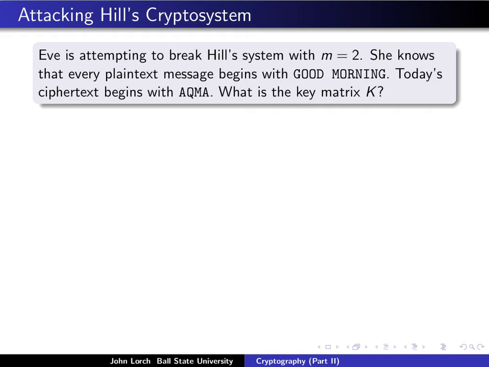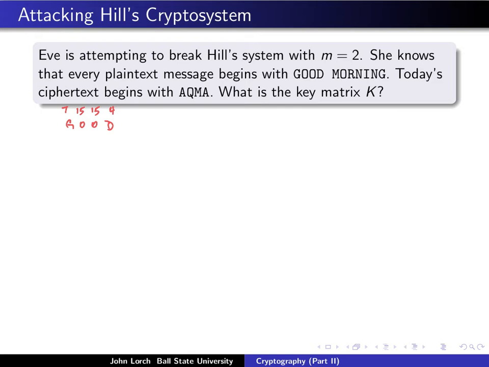We know that good corresponds to the numbers 7, 15, 15, and 4 in our extended alphabet. That includes, remember, the space character, the comma, and the period.